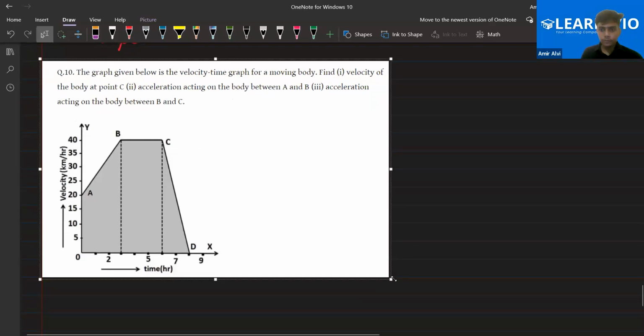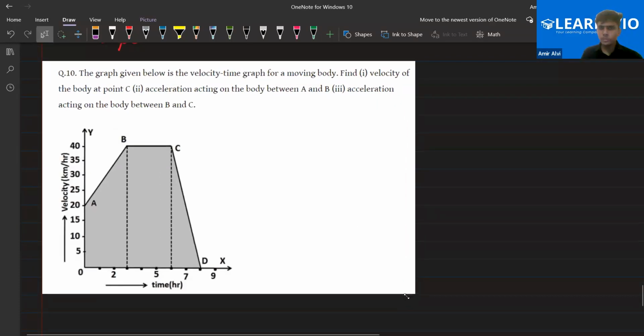Please solve this question. I'm giving you 2 minutes because it's a very simple question. You just have to find the velocity at point C, the acceleration between AB, and the acceleration acting on BC.